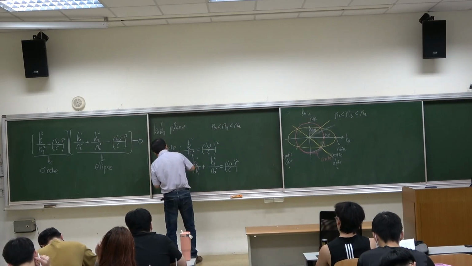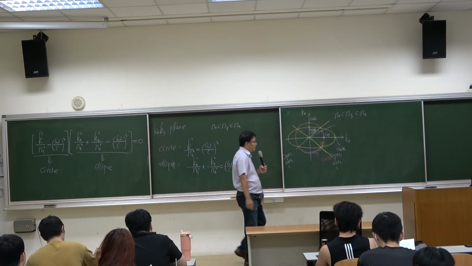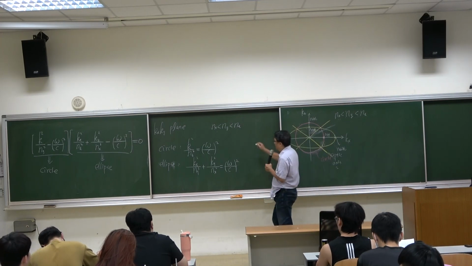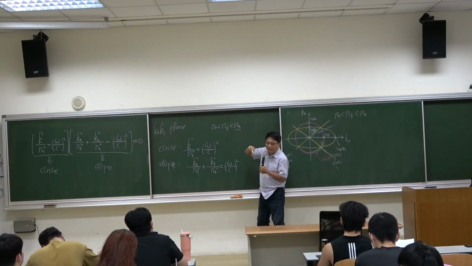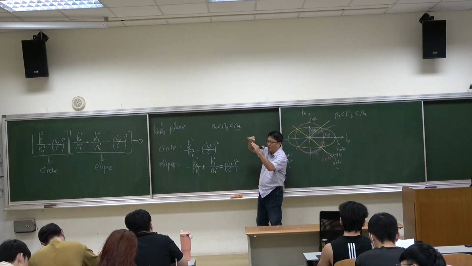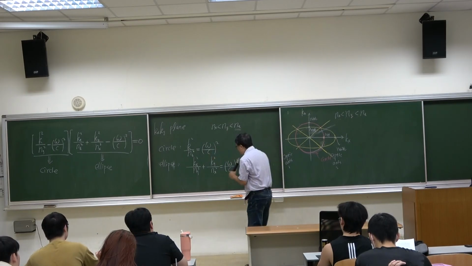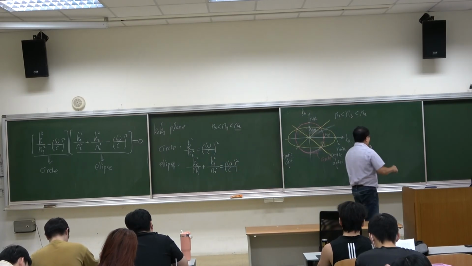So if you plot the curves, now you know that since NC is the largest one, you have a large circle and a small ellipse. Okay?